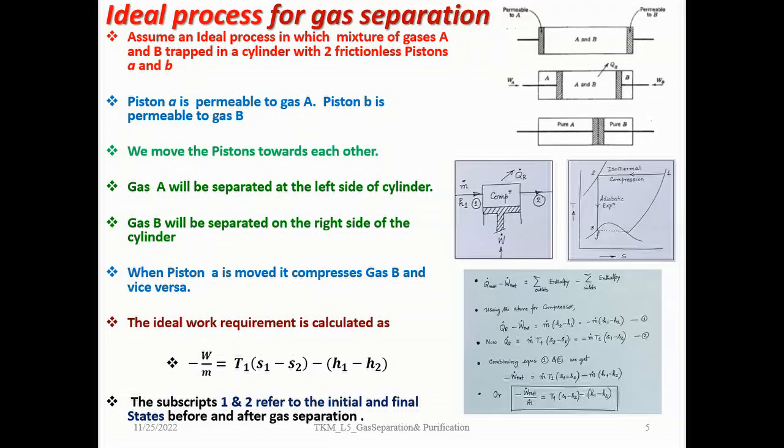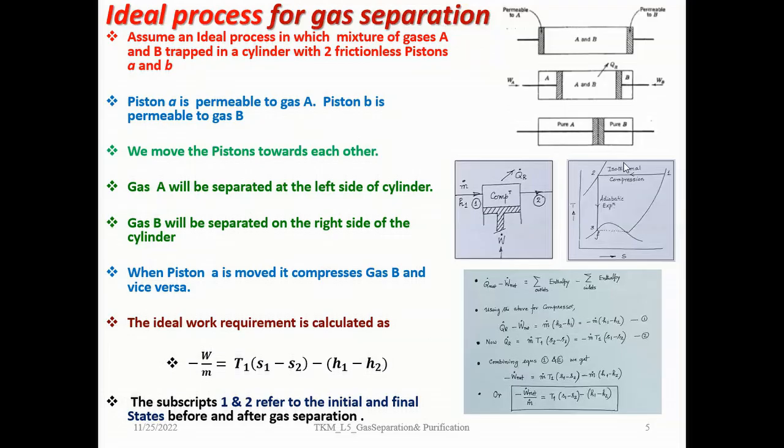Now, what is the work done in the process? We are moving the pistons. Let's take one gas and see what work is done. Let us say we move piston b gradually from right to left, and it compresses gas A. Now this process of compression is an isothermal compression process.